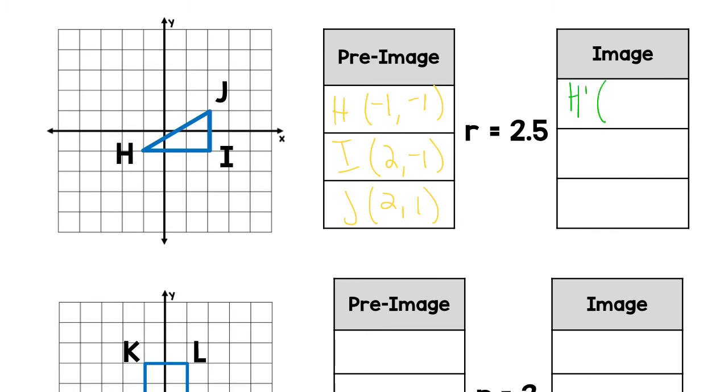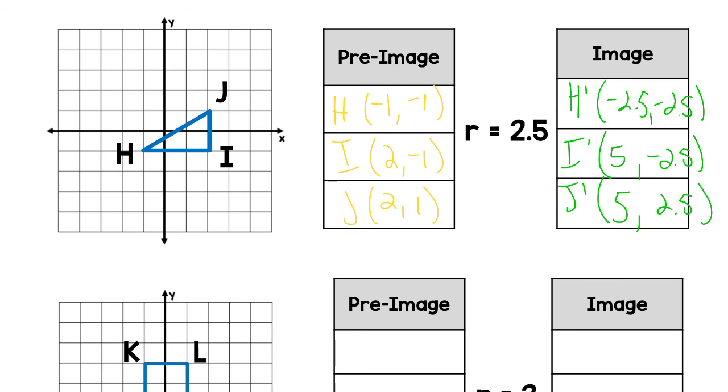So our H prime is going to be -2.5, -2.5. I prime is going to be 5. 2.5 times 2 is 5. And then -2.5. J prime will be 5 again, and 2.5.